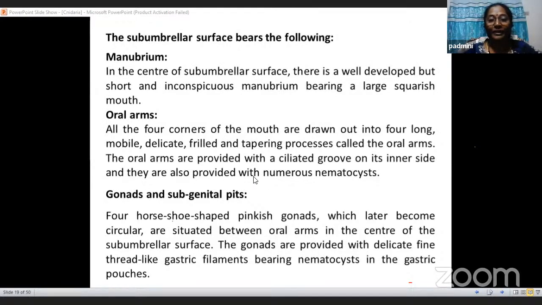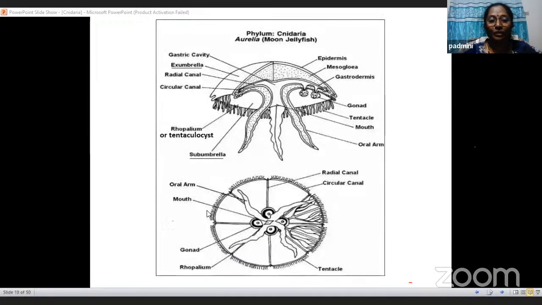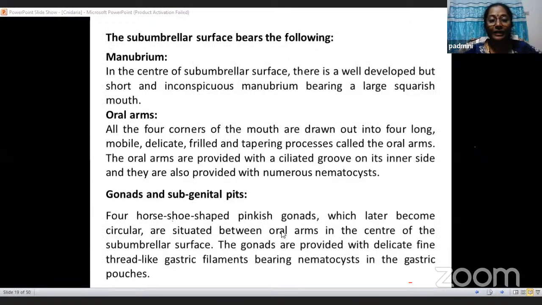They are also provided with numerous nematocysts. Gonads and subgenital pits over there, the horseshoe shape, that's what I was talking about. This is the gonads, which are horseshoe-shaped. And they are provided with thread-like gastric filaments bearing nematocysts in the gastric pouches.